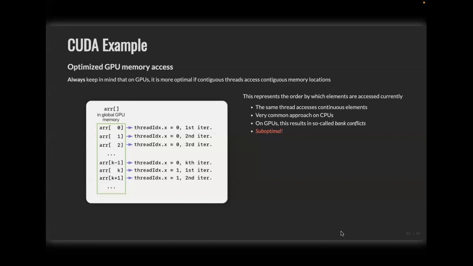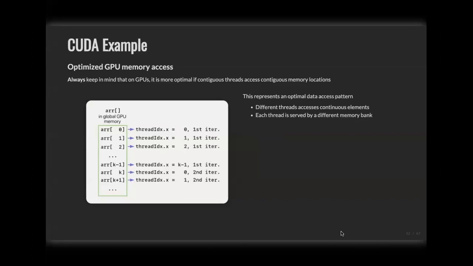This is exactly what you don't want to do on the GPU, just because the memory layout of the GPU is completely different from the CPU. The memory layout on the GPU needs you to do the exact transpose of what I said. It's more optimal on the GPU if continuous threads take contiguous pieces of memory.